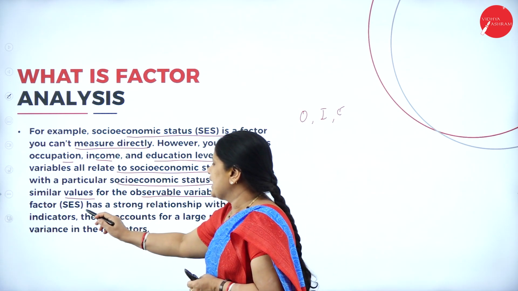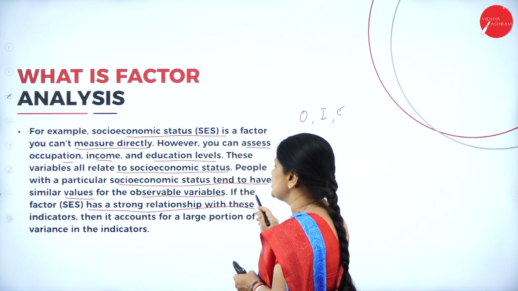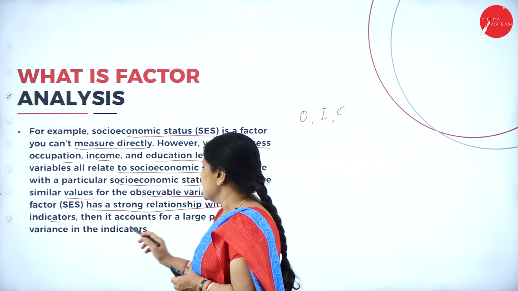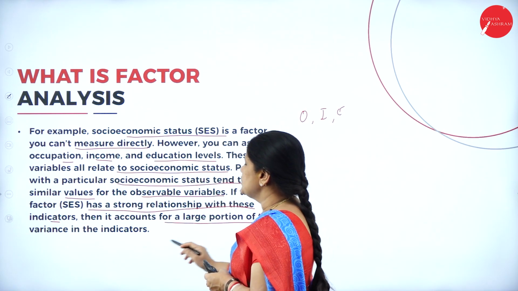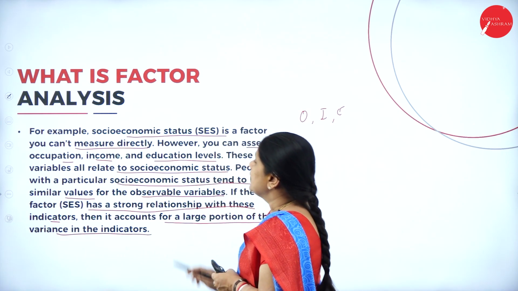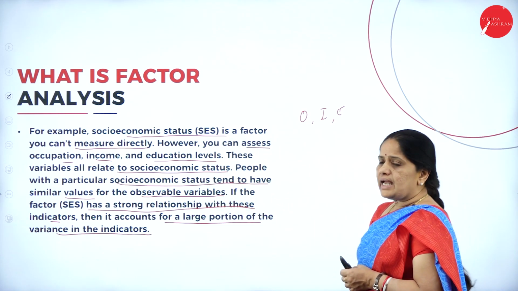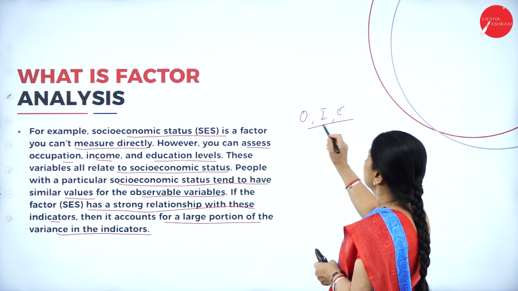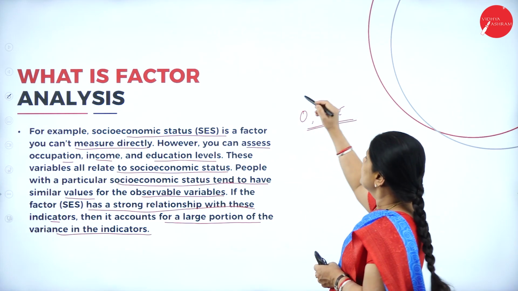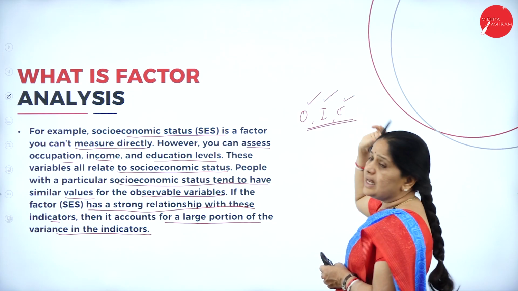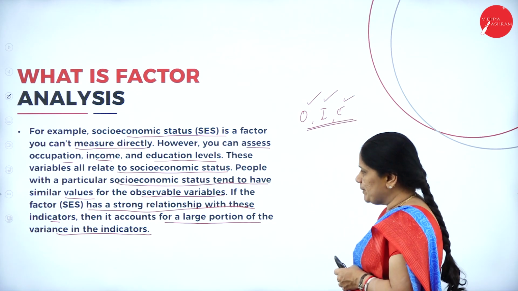So, if the factor SES has a strong relationship with these indicators, then it accounts for a large portion of variance in the indicators. So, the socio-economic status can be assessed only when we have information relating to the occupation, income and the education level of the population.